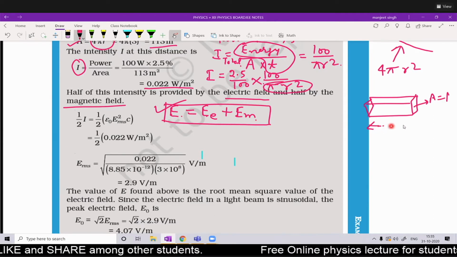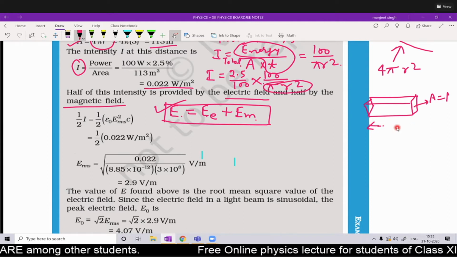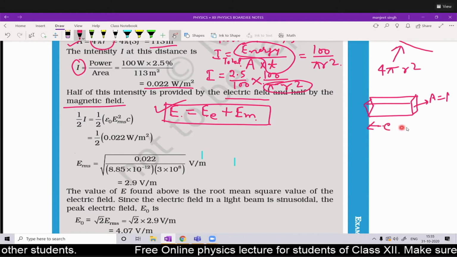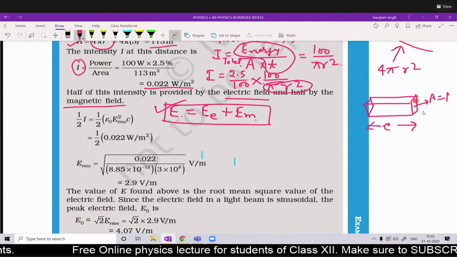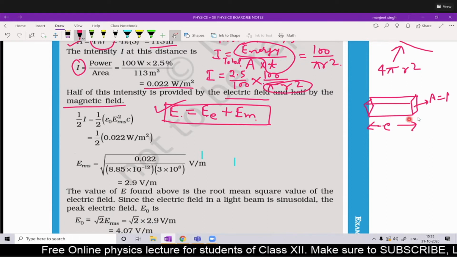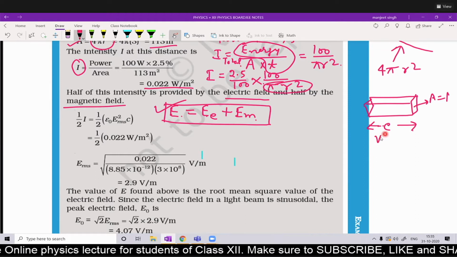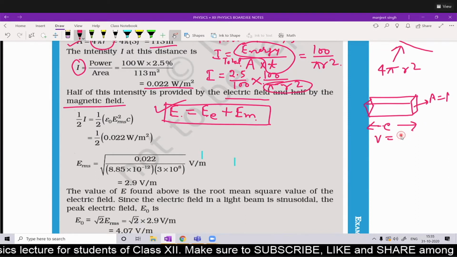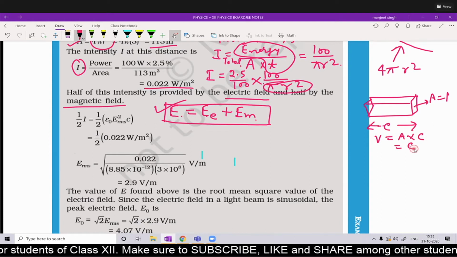Now suppose the velocity of the electromagnetic radiation is c. So in 1 second it will cover the distance c. What is the volume of this particular volume? Volume is equal to area of the base into height. So that will be area into c. That is 1 into c, that means c.